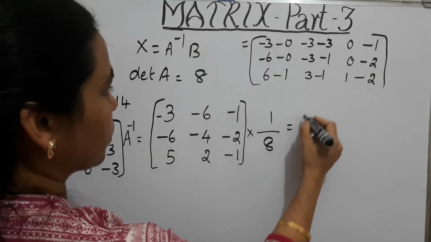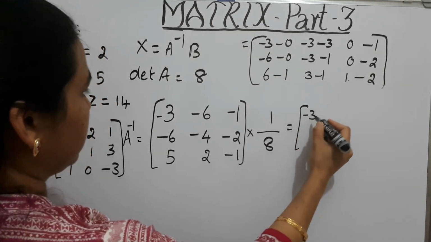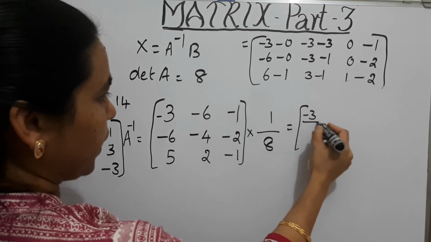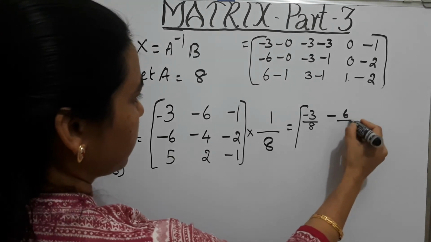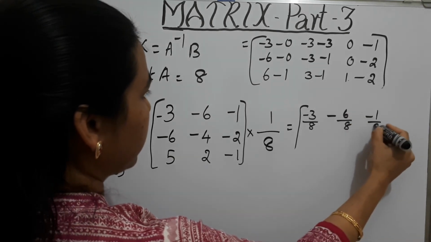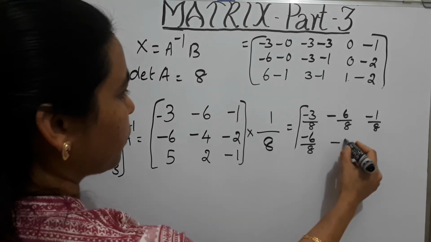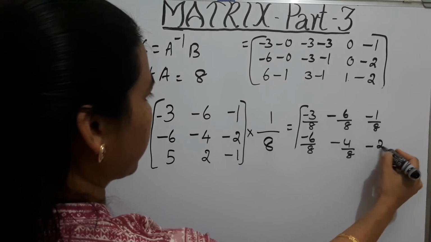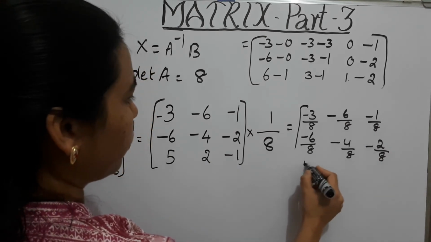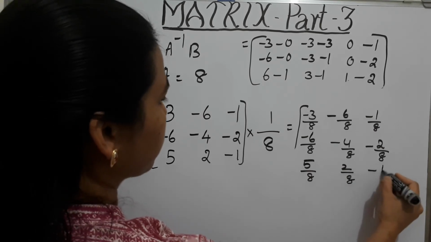So that is equal to minus 3 over 8, minus 6 over 8, minus 1 over 8, and here minus 6 over 8, minus 4 over 8, and minus 2 over 8, 5 over 8, 2 over 8, and minus 1 over 8.